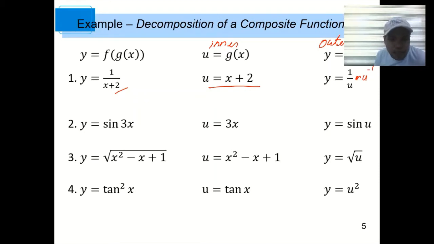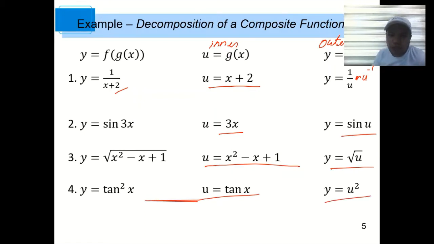Number 2, sine 3x. The inner function is 3x, and the outer function is sine u. Number 3, square root of x squared minus x plus 1. The inner function is x squared minus x plus 1, and the outer function is square root of u. Lastly, we have tangent squared x. The inner function is tangent x, and the outer function is u squared.